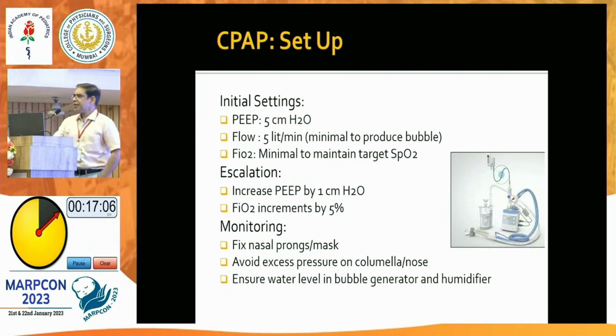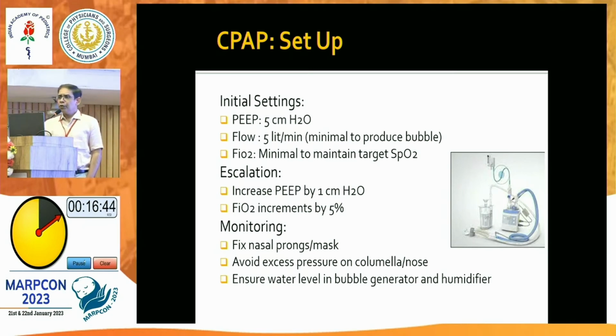What are the initial settings? A PEEP of 5 centimeters is very standard practice, but certain centers use a higher PEEP of 6 or 7 based on the oxygen requirement or work of breathing. Flow, we use around 5 liters per minute, but we can use higher if you want to give more pressure.